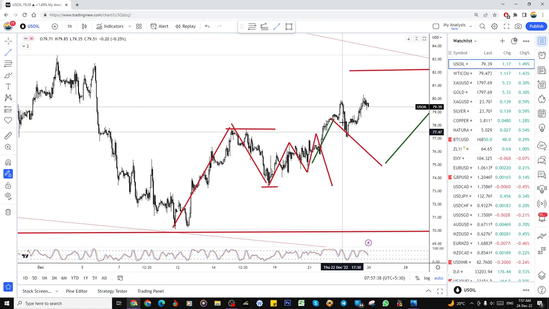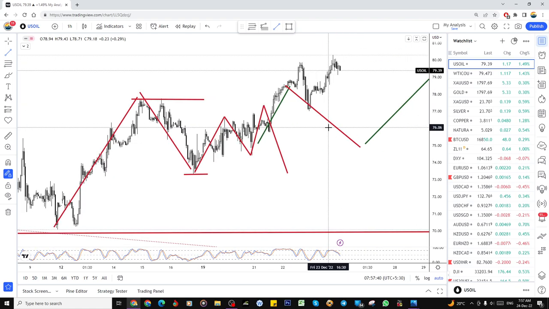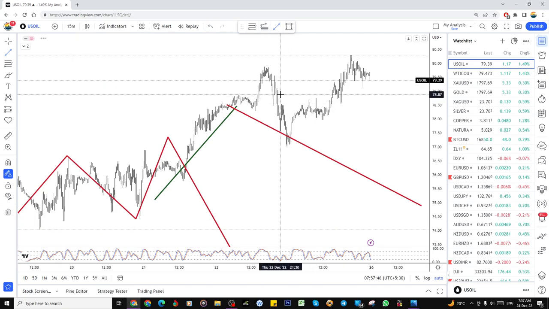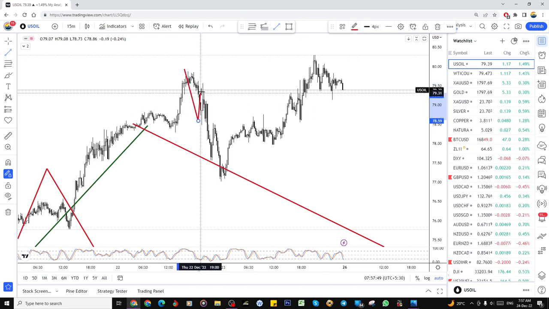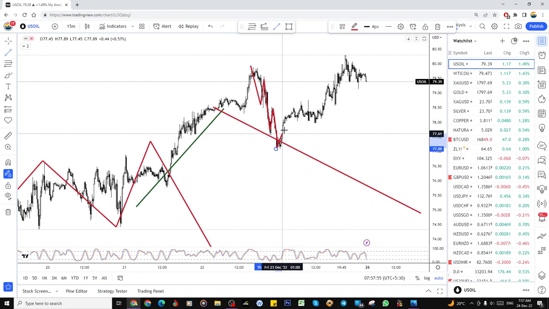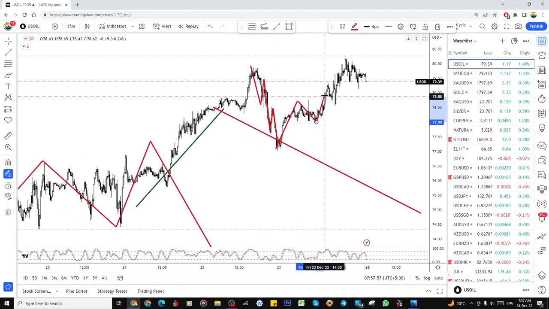So what I did here is exactly what I'm expecting on the 15-minute chart. It's looking like a 5-wave structure. So from here I thought, okay, the 3-wave structure, and I entered the market here.